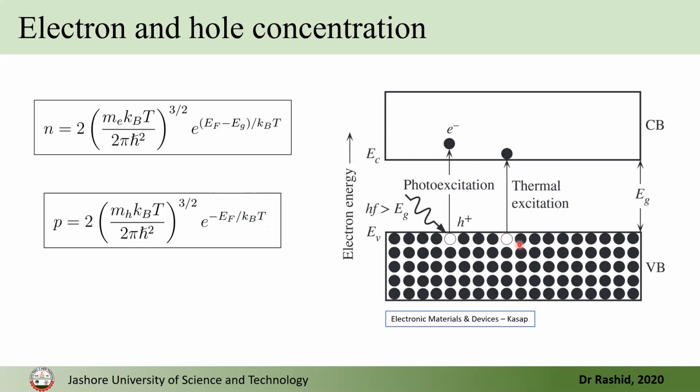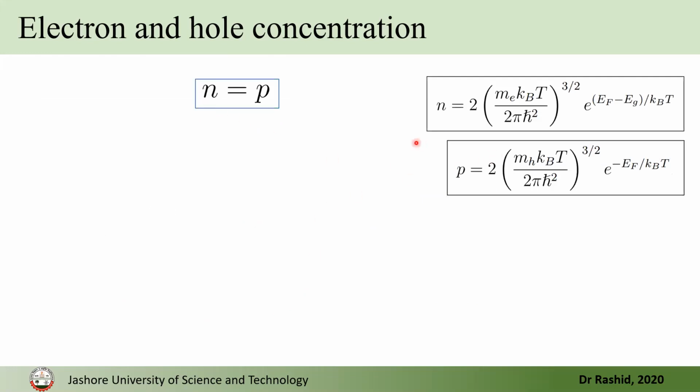band, it leaves a hole. So the number of electrons in the conduction band should be equal to the number of holes in the valence band. That is, these two concentrations should be the same. So if we put these values here and we simplify, then we have this one.